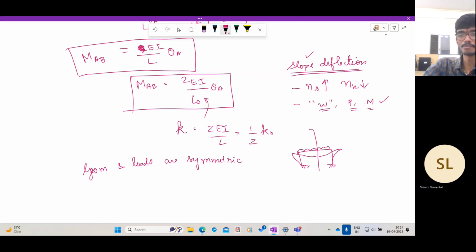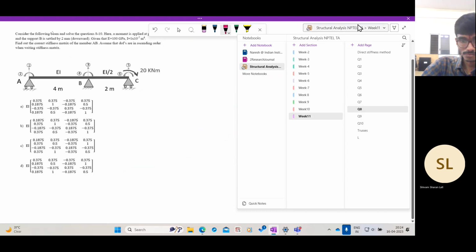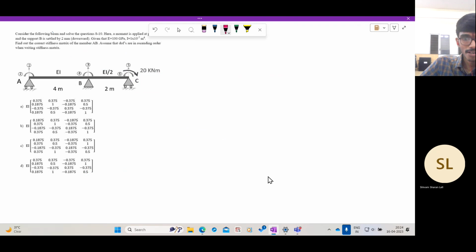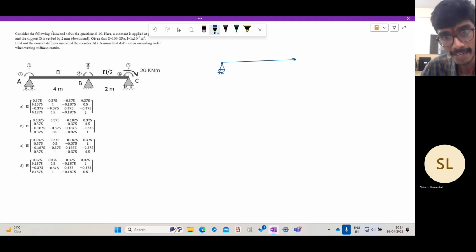Let me proceed with the other problem for the day. So we have a beam. It's a simple problem. We don't need to do any transformations. We have a two-membered beam, and this is statically indeterminate to the second degree.